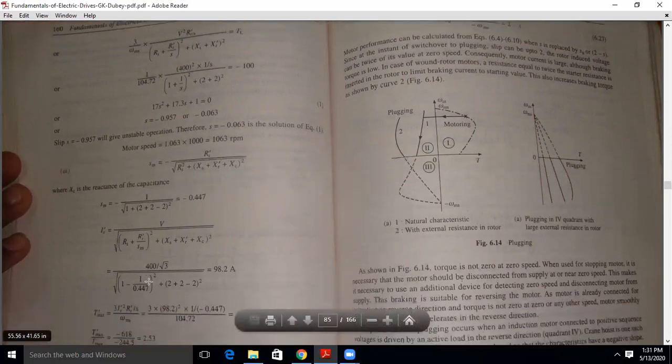Now again go for IR dash. IR dash again is 98.2. Then by taking that IR dash and the particular SM, we need to calculate Tmax. So this is minus 618 Newton meter. If you take this Tmax dash divided by Tmax, minus 618 divided by minus 244.5, which we got previously in the first case, the ratio is 2.53.